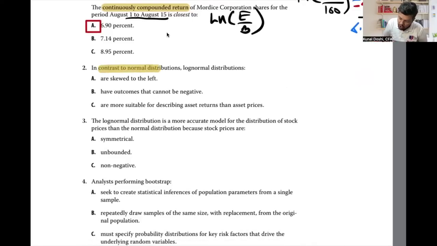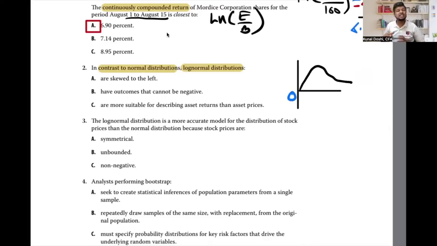In contrast to the normal distribution, how does a log normal distribution look like? See, a log normal distribution is bounded by 0. So it cannot go below 0. It is generally for asset prices. So it's not a normal distribution which is symmetrical. This is skewed, and when I say skewed, it means skewed on the right.